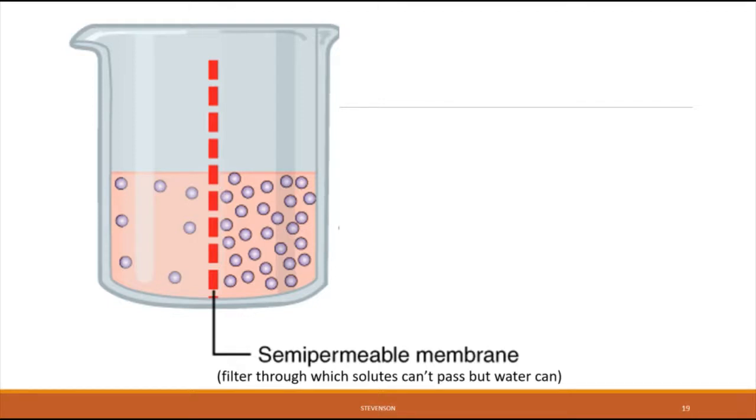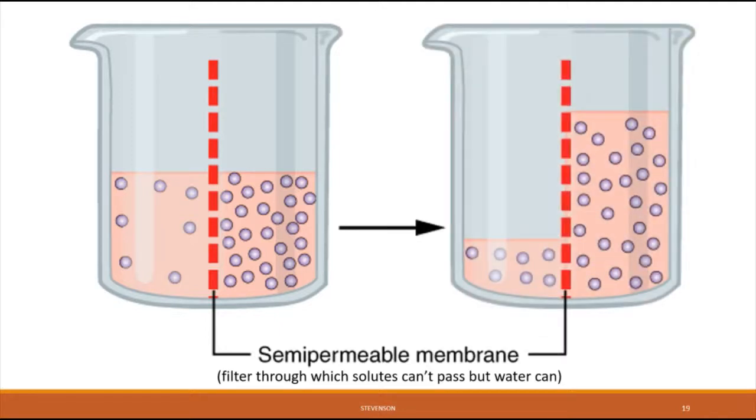So instead, to achieve the same end goal, water can move in the opposite direction, from the left-hand chamber to the right-hand chamber, and cause the molecules to become maximally spread out, which is the end goal of diffusion as well. But in this case, it has been achieved by osmosis and not diffusion.